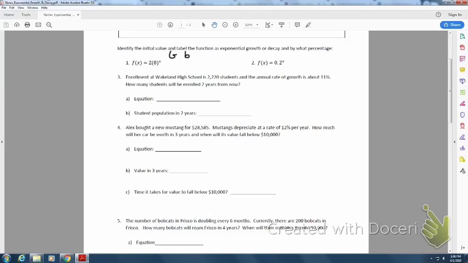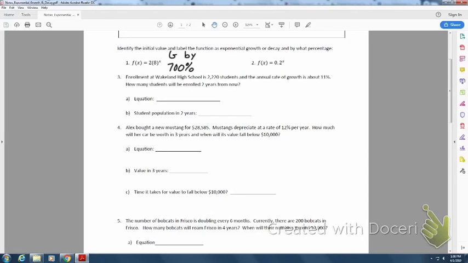By 700%. Okay, to find that percentage, it is always the difference between the b value, which is 8, and 1. The difference between 8 and 1 is 7. And so 7 as a percentage would give you 700%.